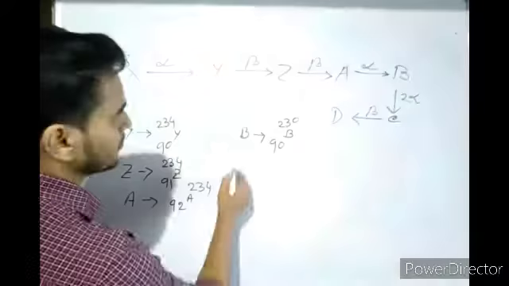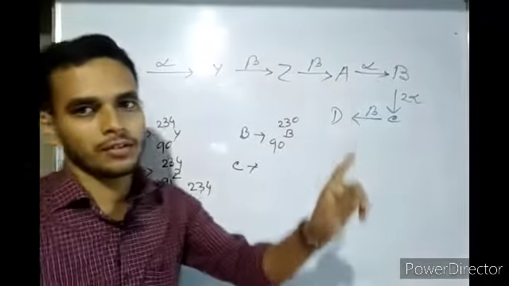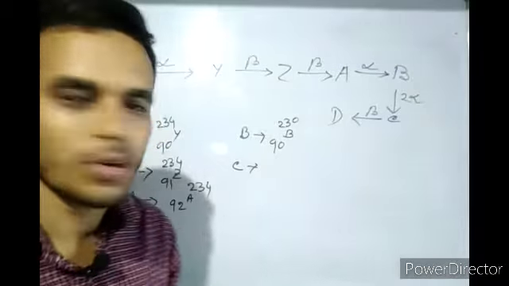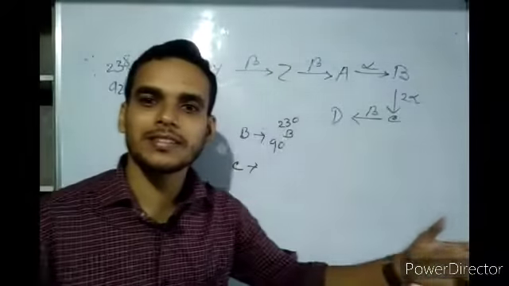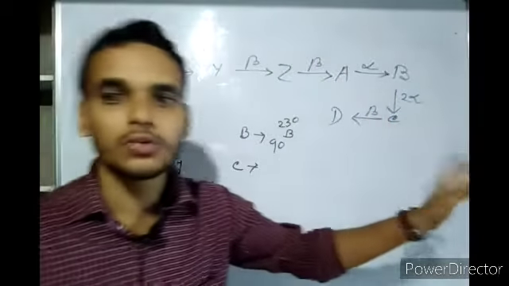2 alpha, here see 2 alpha. In case of 1 alpha, mass number decreases by 4 and atomic number decreases by 2. In case of 2 alpha, mass number is decreased by 4 into 2, 8, and atomic number is decreased by 2 into 2, 4.